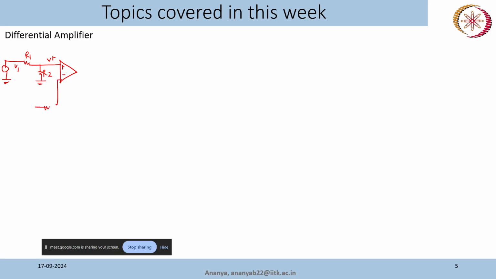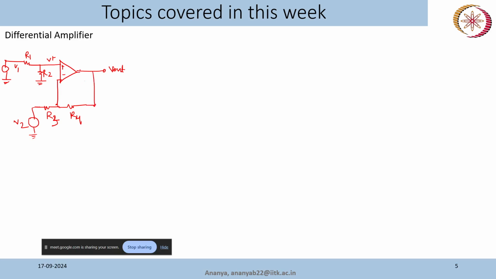Again we will apply negative feedback. So this is R2, this is the second applied voltage, so this is V2, this is R3, and this is the feedback resistor R4, and we have this output V out.